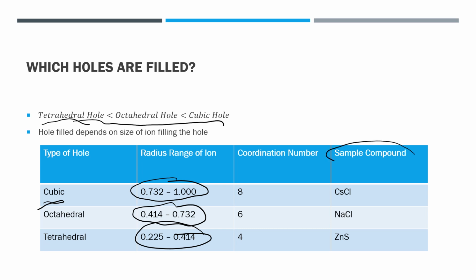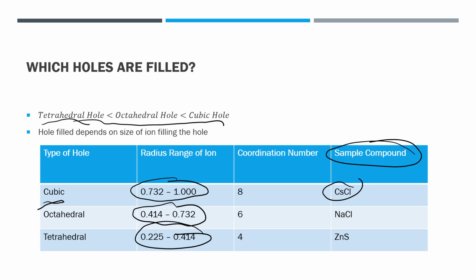We're going to go over these types of compounds in more detail in a future video, but as a little hint, some sample compounds that fill cubic holes is cesium chloride. We have a structure of chloride anions, but the cesium fills that cubic hole in the center of the primitive cubic structure. In NaCl, we have octahedral holes being filled.